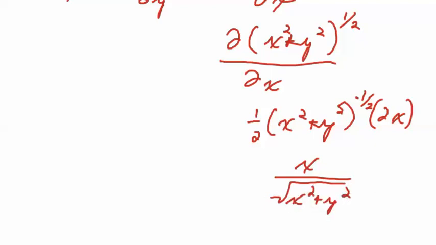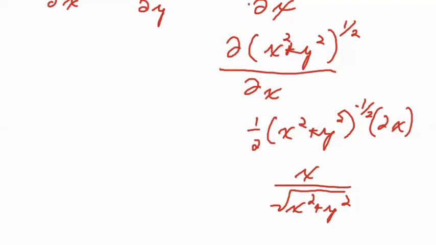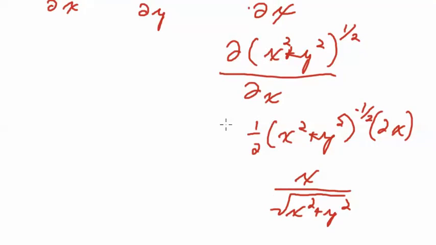So I can verify that that derivative, del r del x, is equal to x over square root of x squared plus y squared.